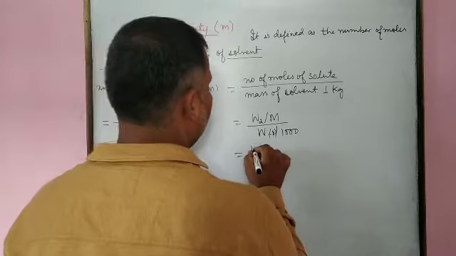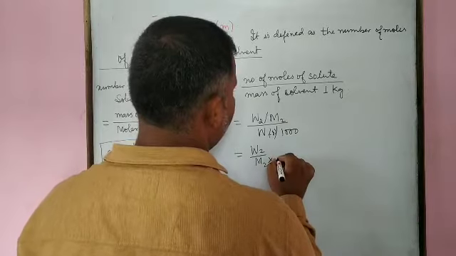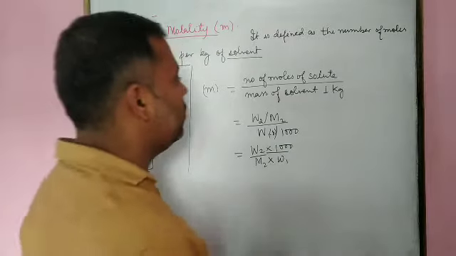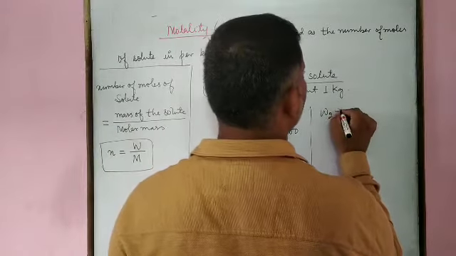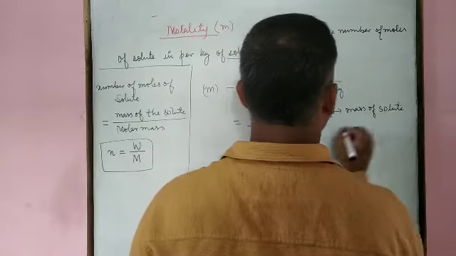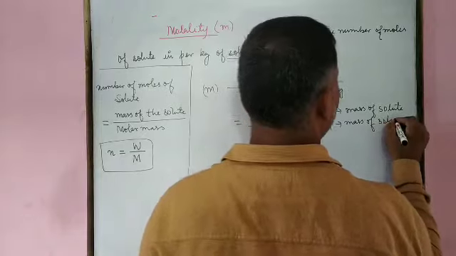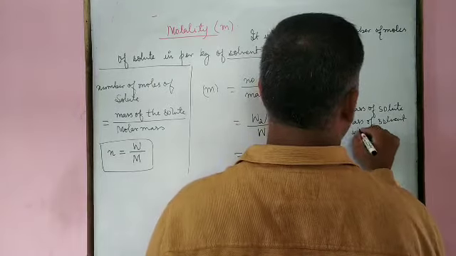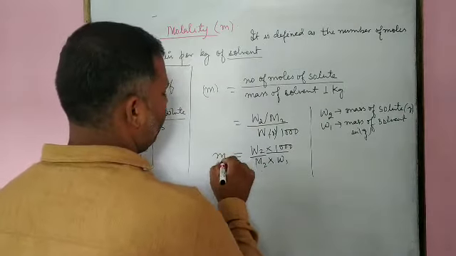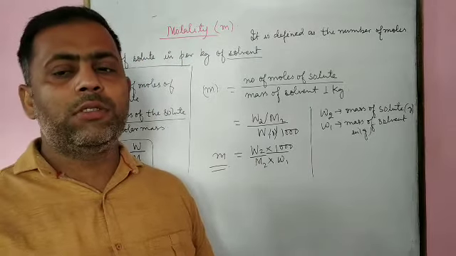So we have W2 by M2 into W1 by 1000, where W2 is the mass of solute in gram and W1 is the mass of solvent in gram. We have the relation, and this is all about the first chapter which we have studied.